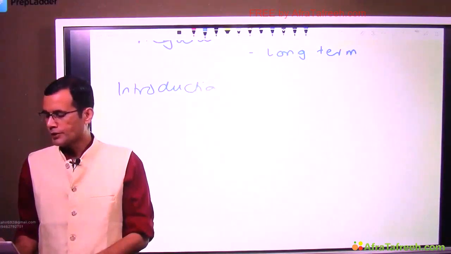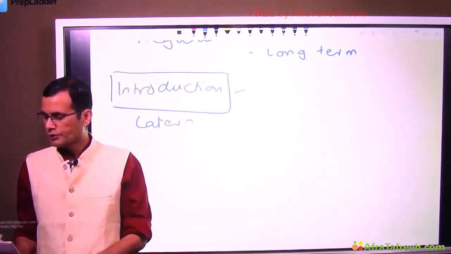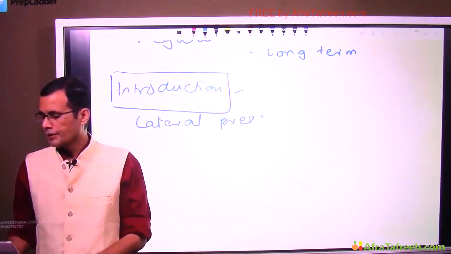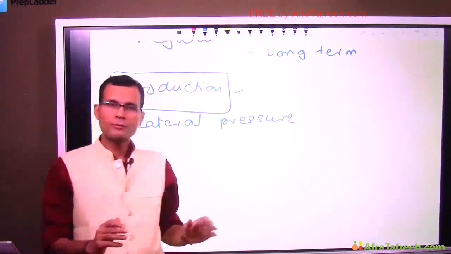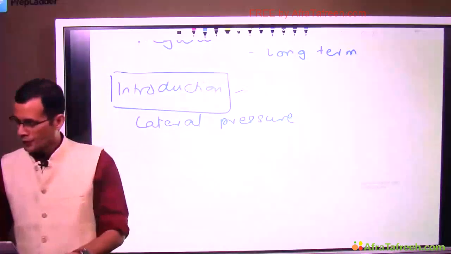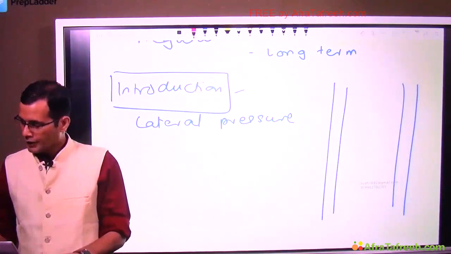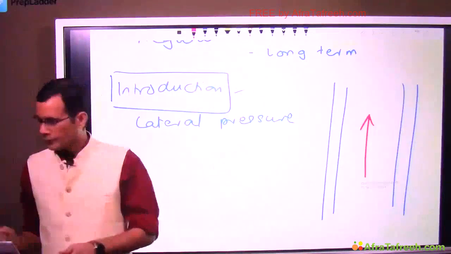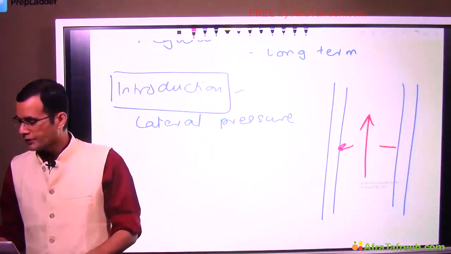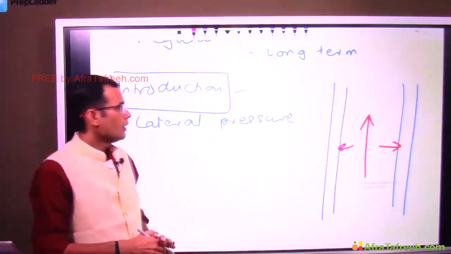What is blood pressure? It's defined as the lateral pressure exerted by the moving column of blood on the vessel walls. So here is a vessel and here is a moving column of blood. The pressure that it exerts laterally is defined as the blood pressure.